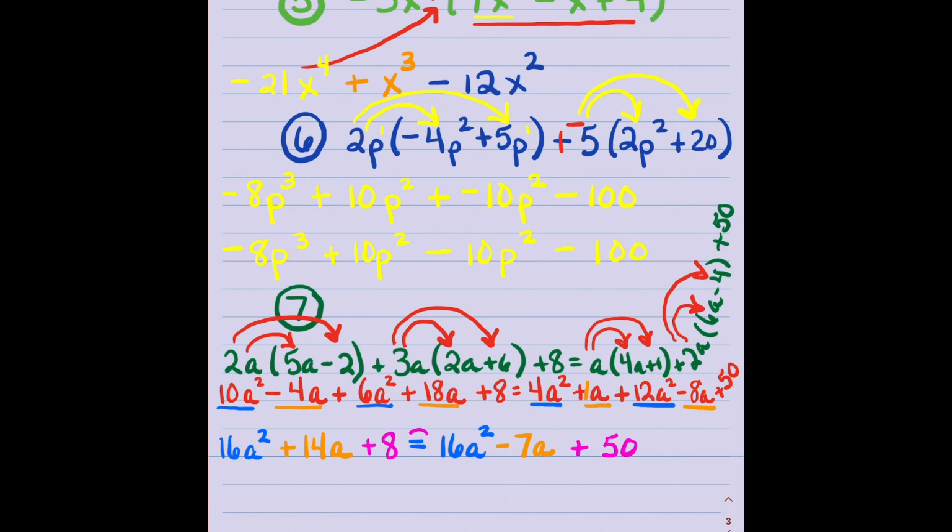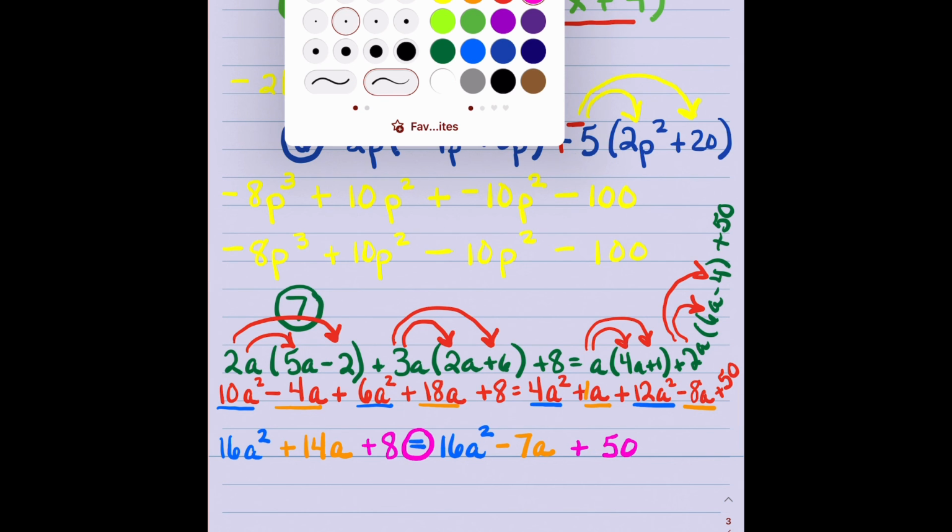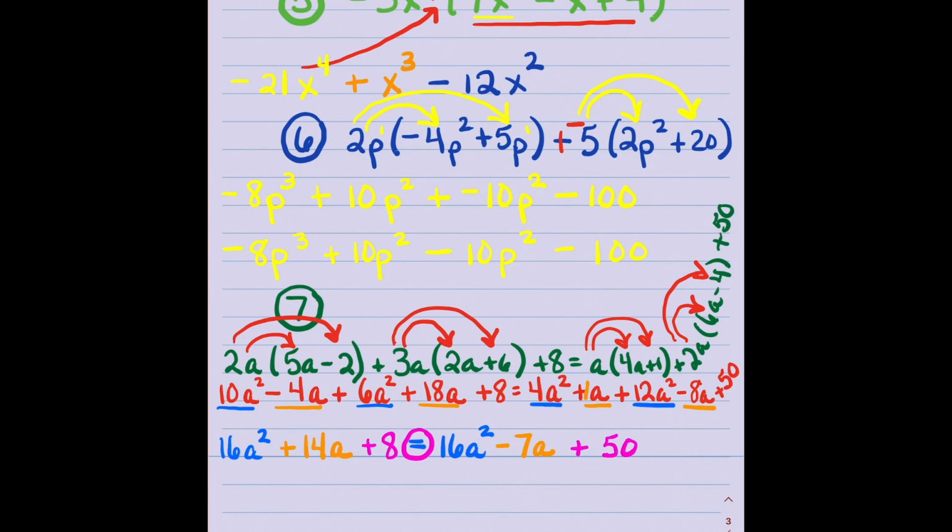So here's our equal sign. So we didn't cross over that at all, but we're now ready to do some solving. So let's try to get things to combine. I want all the a squareds together, I want all the a's together, and I want all the numbers together.